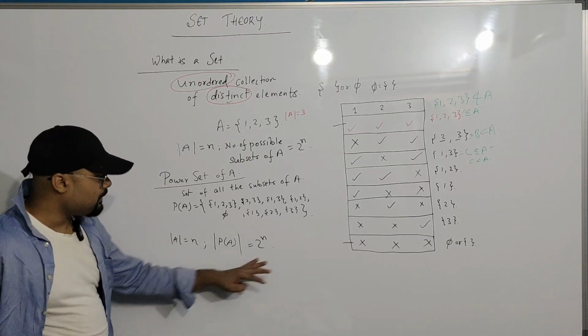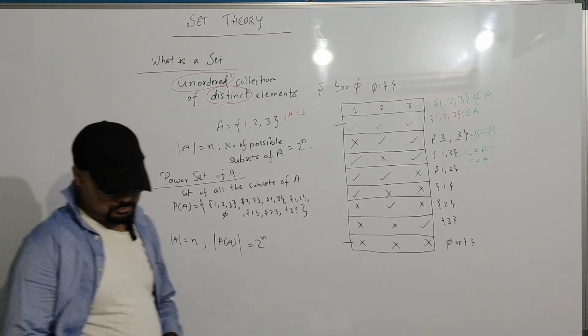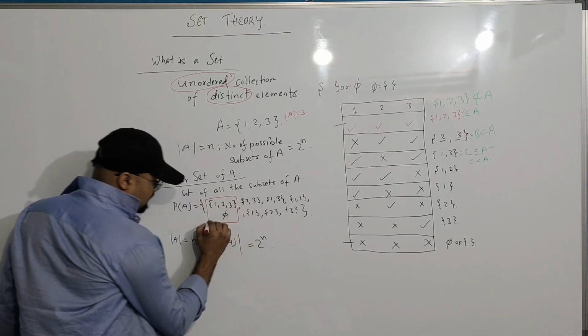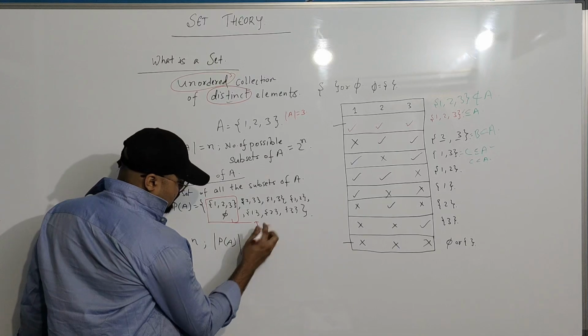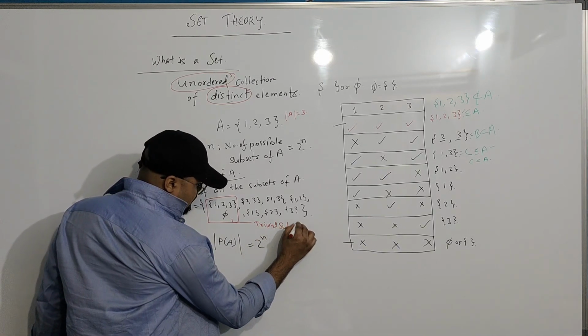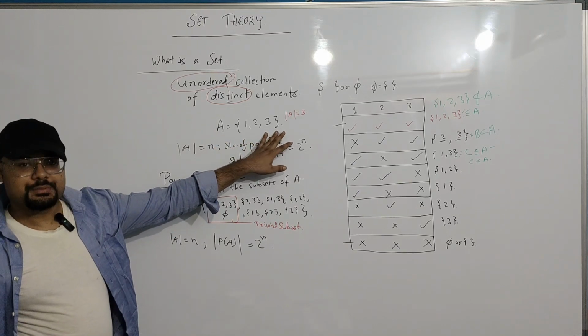So the cardinality of the power set is 2 to the power n. This is the trivial subset.